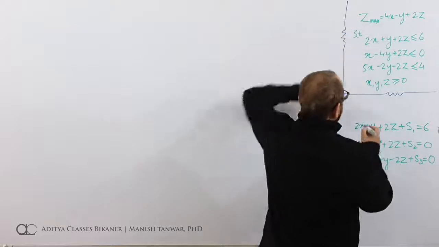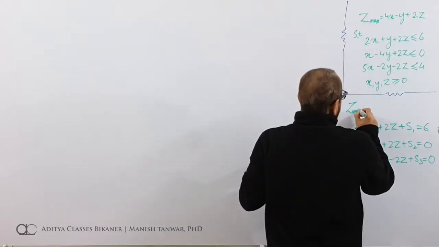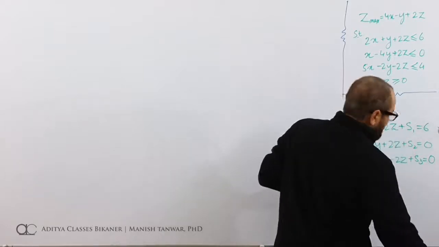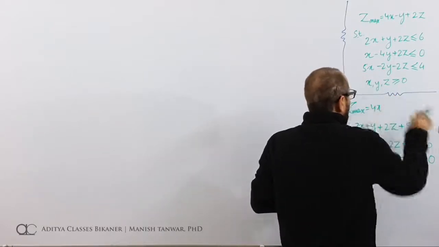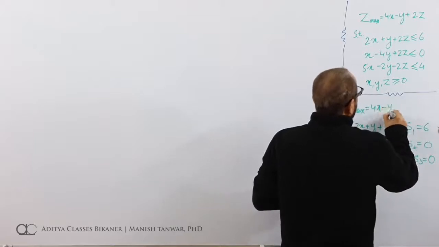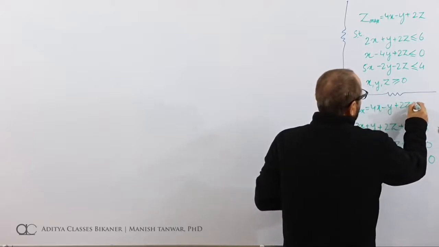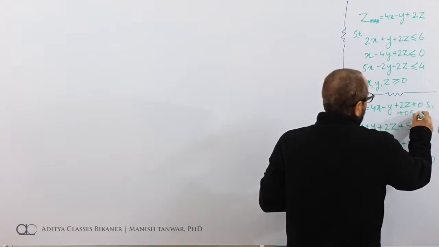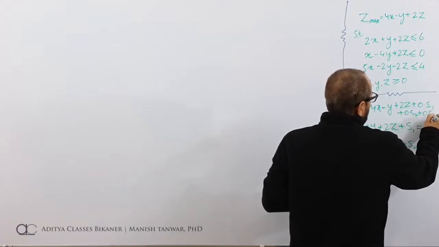And then we have z max is equal to 4x minus y plus 2z plus 0 S1 plus 0 S2 plus 0 S3.